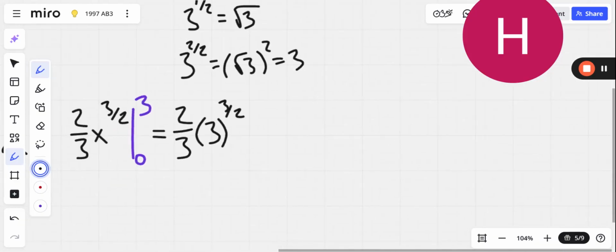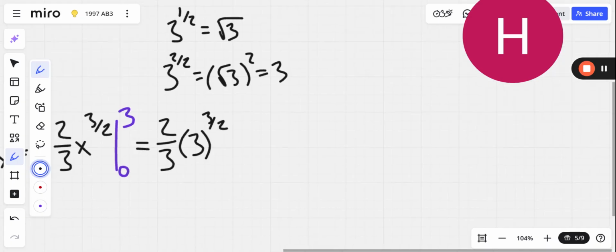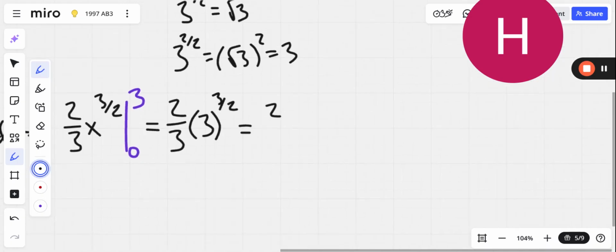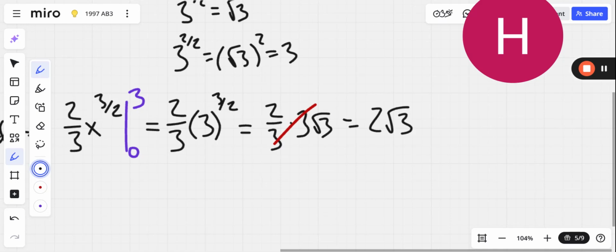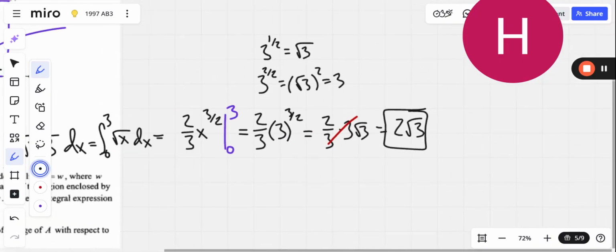And 3 to the 3/2 is going to be square root of 3 cubed, which is just 3 and then times another square root of 3. Okay, so I see so many students struggling when they see a 3/2 power or even a 5/2 power. It just means the 1 power and then an extra 1/2, so like a square root right next to it. All right, that is the area of the region.